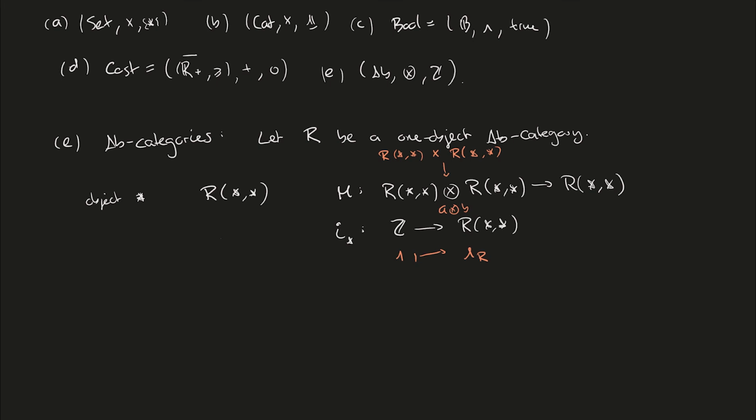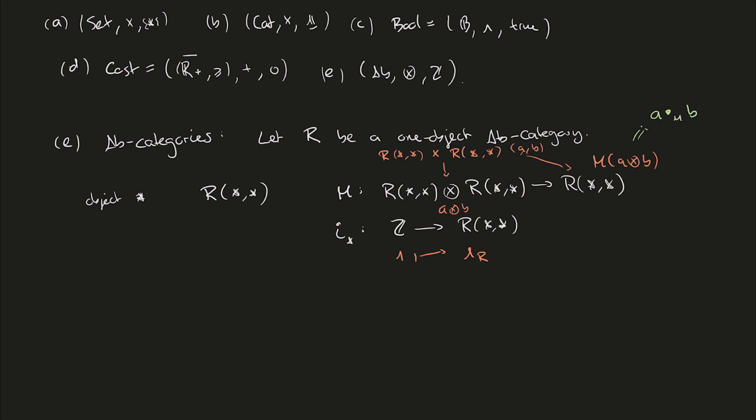And this will map a pair A, B to M of A tensor B. For convenience, I'll just denote this operation as A times M B.